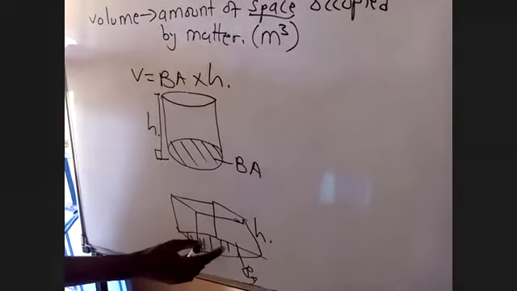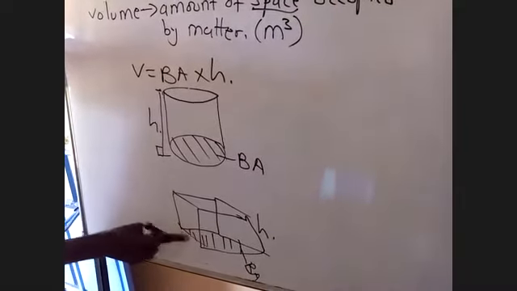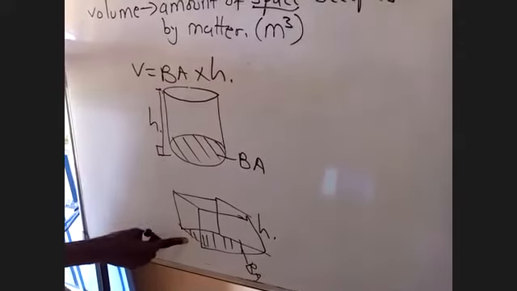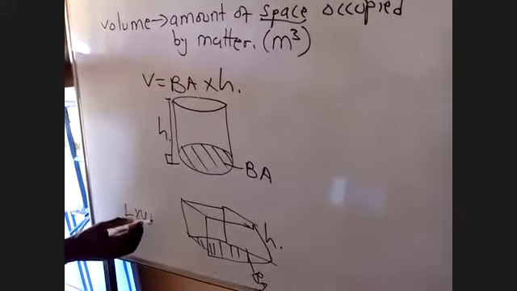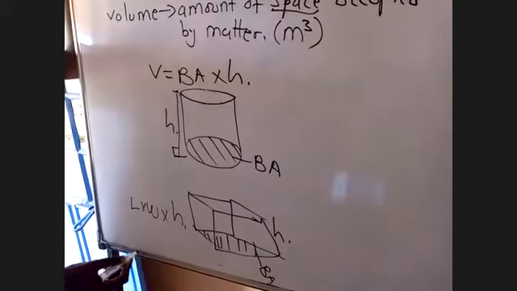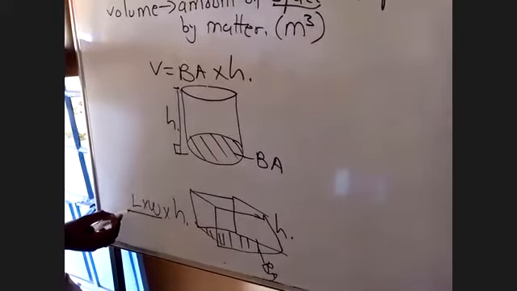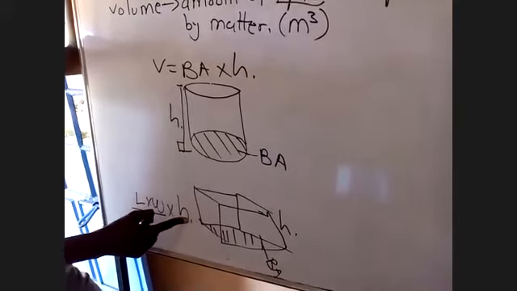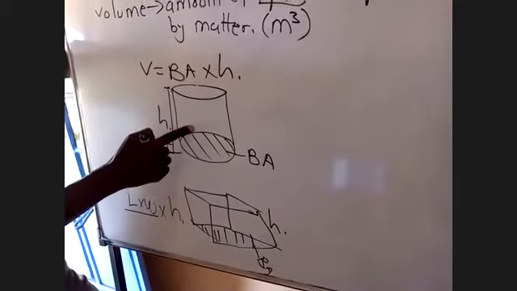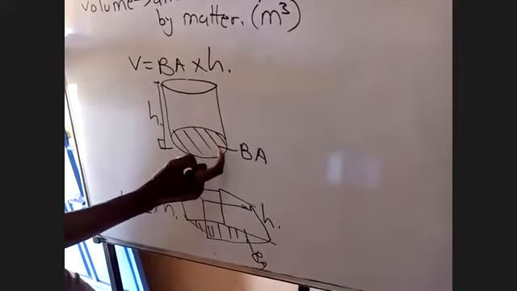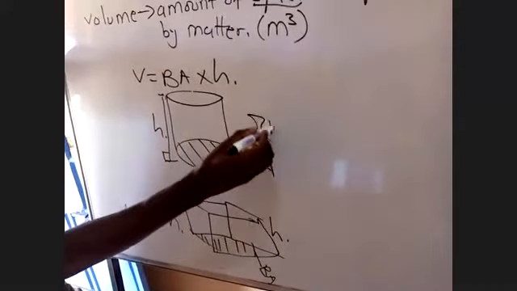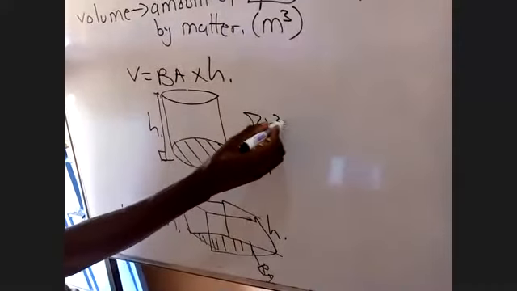To calculate the volume, the base is in the form of a rectangle. Therefore, the rectangle area is given by length times width, multiplied by the perpendicular height, meaning the base area multiplied by its height. If I take you back to the cylinder, the base area is in the form of a circle. Therefore, the area of a circle is pi r squared, multiplied by the perpendicular height. So this gives you the volume of this cylinder.